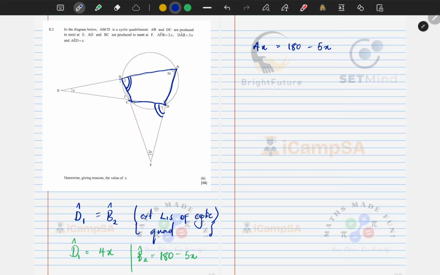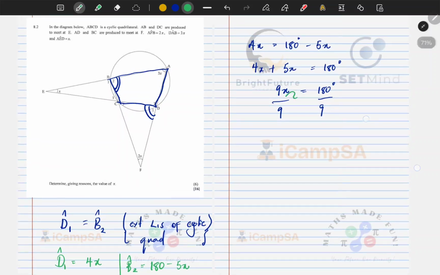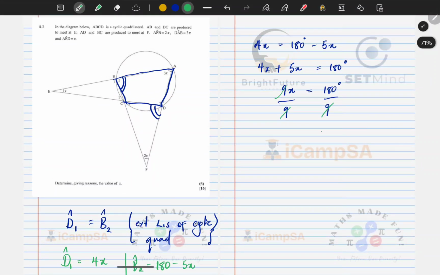Now we transpose x. So this is going to be 4x plus 5x is equal to 180 degrees. Great. So now you have 9x is equal to 180 degrees, divided by 9, divided by 9. 9 and 9 will cancel.